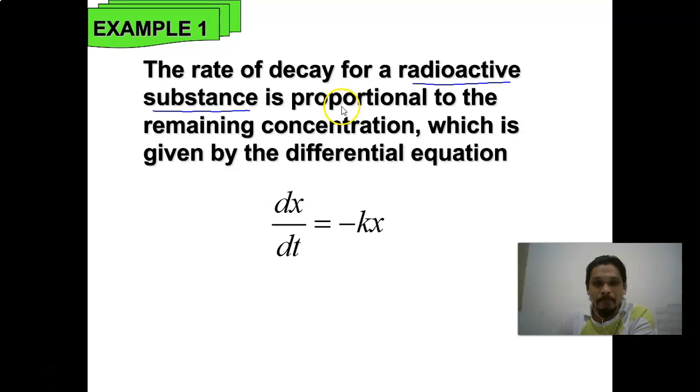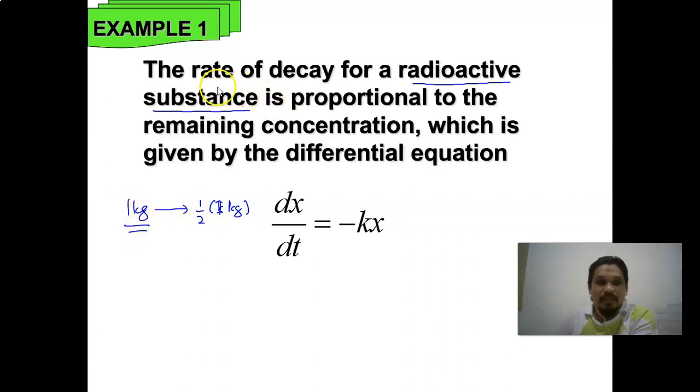Am I right? If you find, let's say, 1 kilogram of any radioactive substance, after a few times it will remain half of the 1 kilogram from the previous amount that we found earlier.